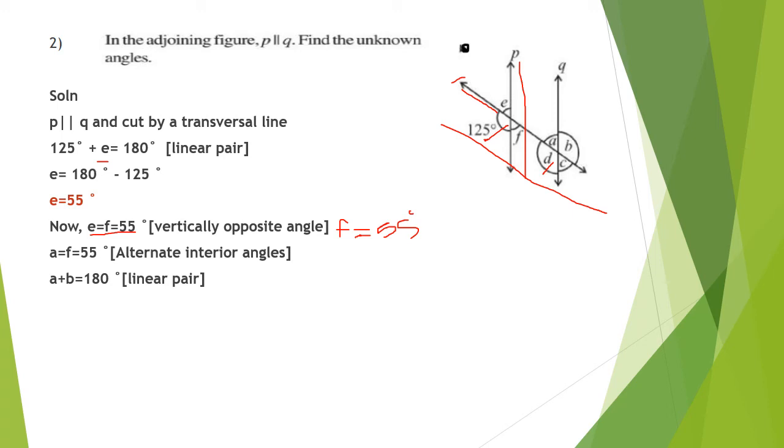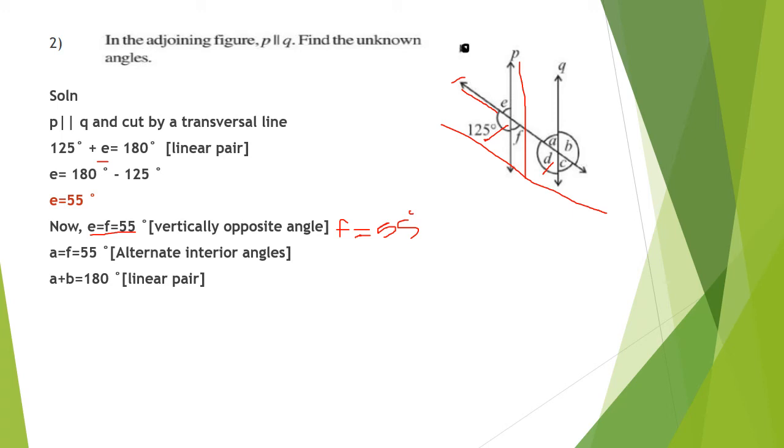The angles formed on both sides are 125 degree and E, so we apply the linear pair method and find the value of E. Then F is the vertically opposite angle. E is equal to 55 degree means F also is equal to 55 degree. Next we can find angle D, but we'll find that later.